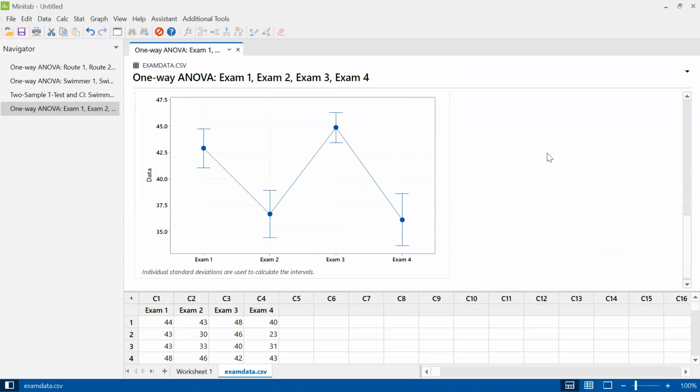And you can see in the graph, here's exam 1 and 3. They had means in the low to mid 40s. And then there's a gap, and exams 2 and 4 were down in the high 30s.